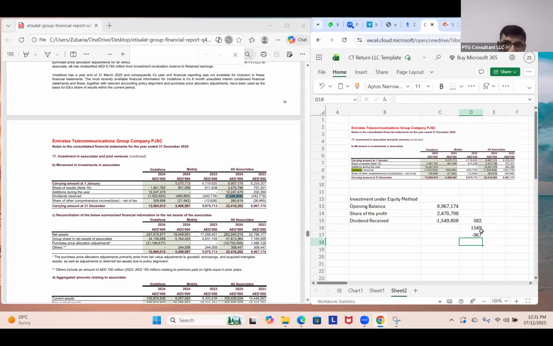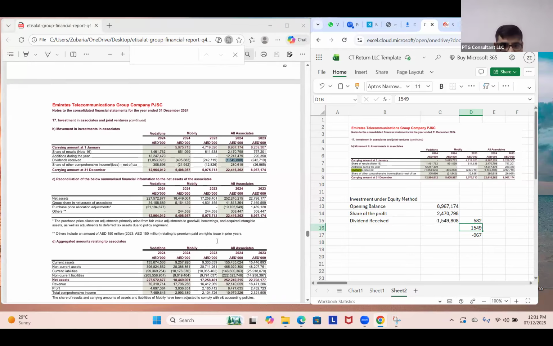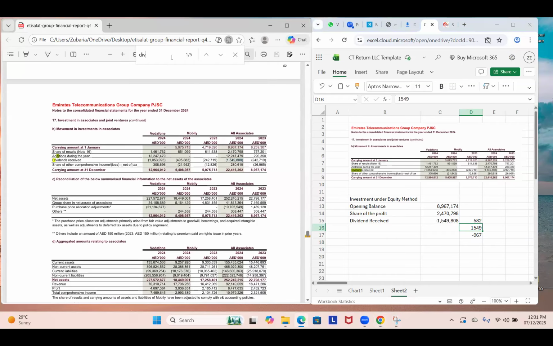Now go back to the 582. If they gave the breakup, we could understand whether this 1549 is included over there or not. But that breakup, I don't think it's mentioned there.